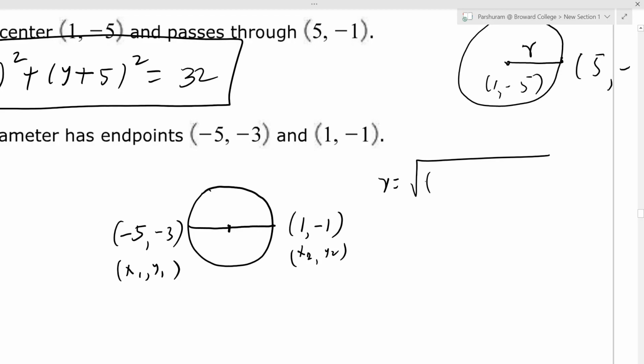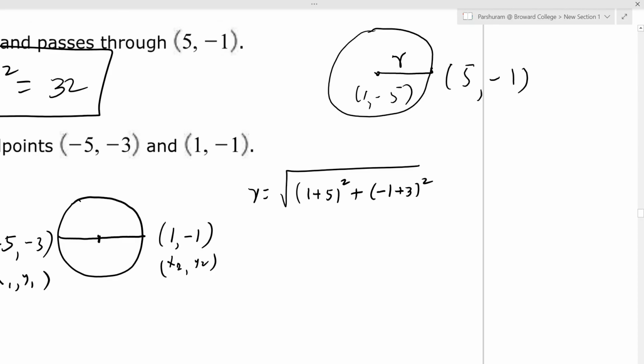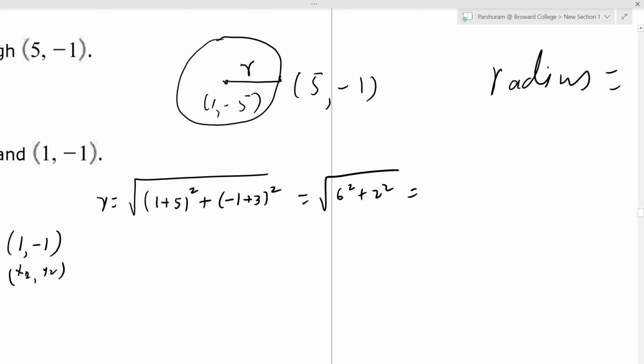So x2 minus x1, which is 1 minus 5, so it becomes plus y2 minus y1, that is -1 minus 3, that is +3. And if I simplify this, it's 6 squared plus 2 squared, which is the square root of 40.